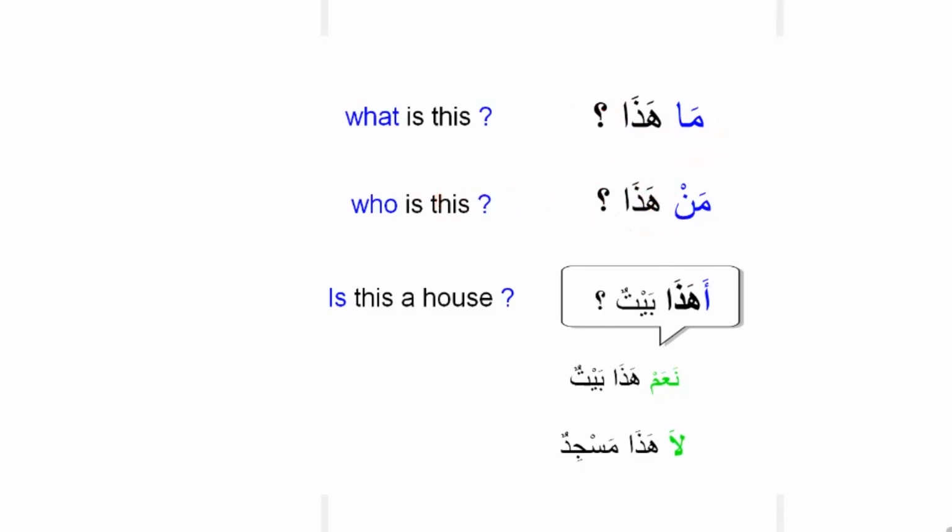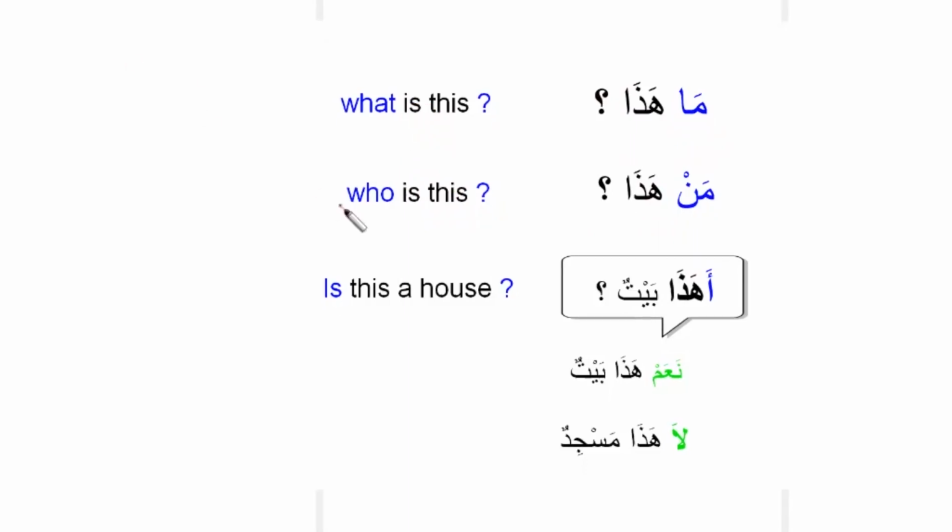This is used for rational things, living things. For example, a human being. When you are referring to a human being, you don't ask "what is this." Even in English, you don't say "what is this" for a human being. So man-izah is for rational things, and the other is for irrational things. Okay, then we have the third one, ahazah.